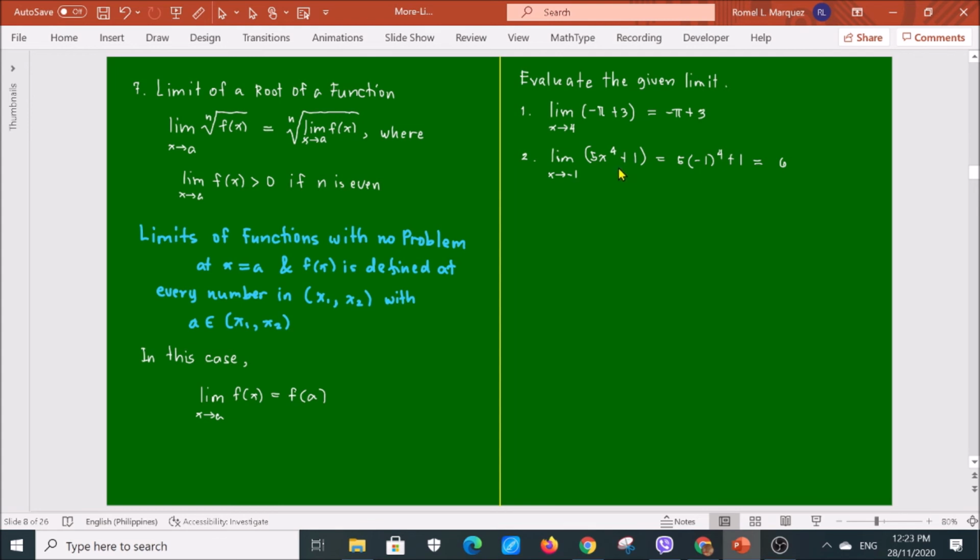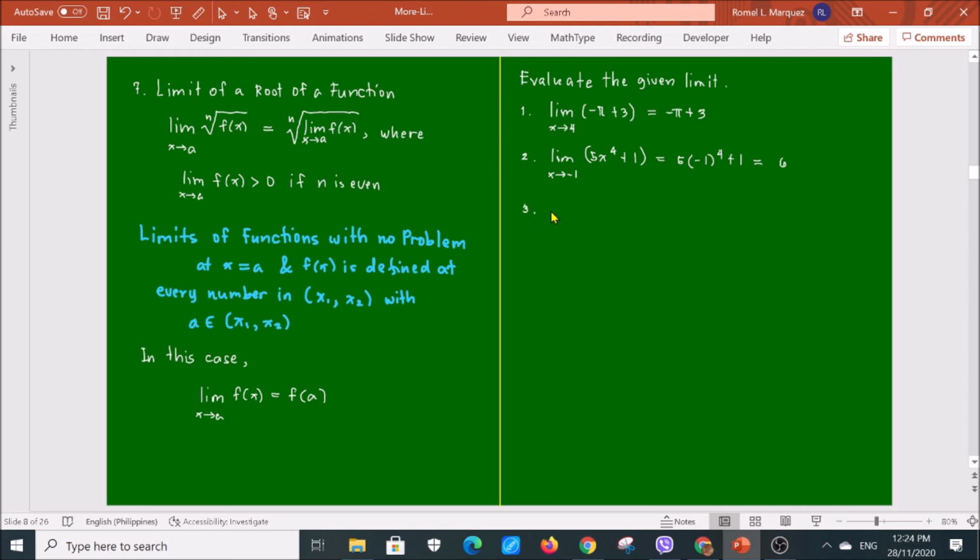Because there is an interval containing negative 1, let's say negative 2 to 0, such that the function 5x to the 4th plus 1 is always defined at every number in that interval.